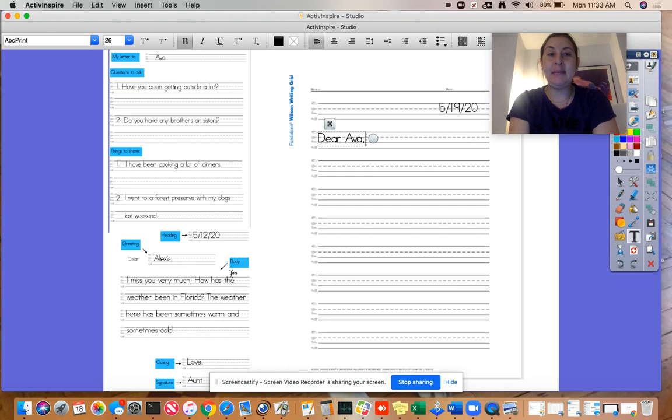And when I look at my sample, I'll see that the body is next, which is sort of like the bulky part of our letter. This is where we're going to have the most amount of information. And this is when my planning sheet from last week is really going to come in handy because this is going to help me write the body, asking my questions and telling Ava some things that I want to share about myself.